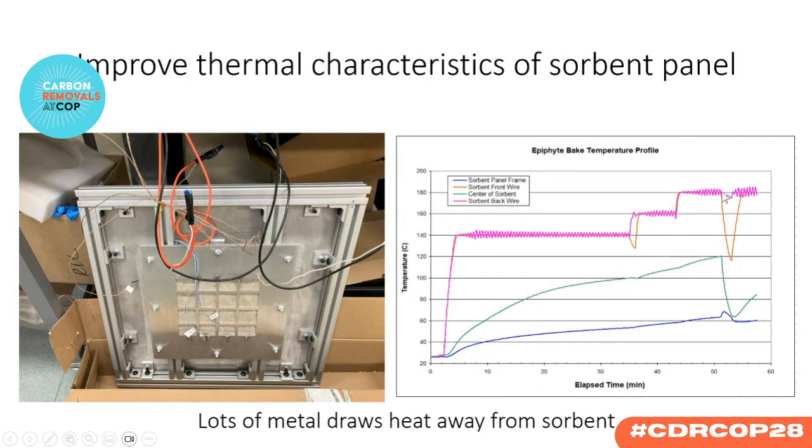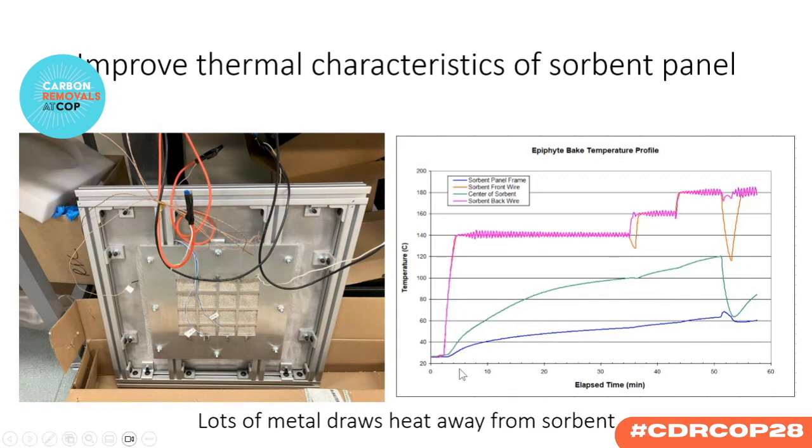Then it drops again when I opened up the chamber and blew a little air through. But you can see the green trace is how hot the sorbent is getting. Even over the course of almost an hour, the sorbent gradually heats up, not even to 120 degrees.